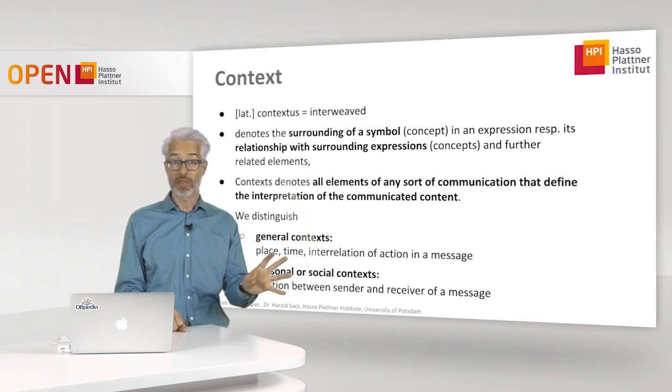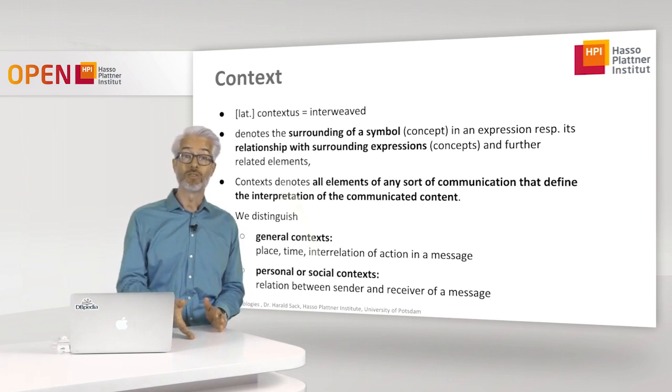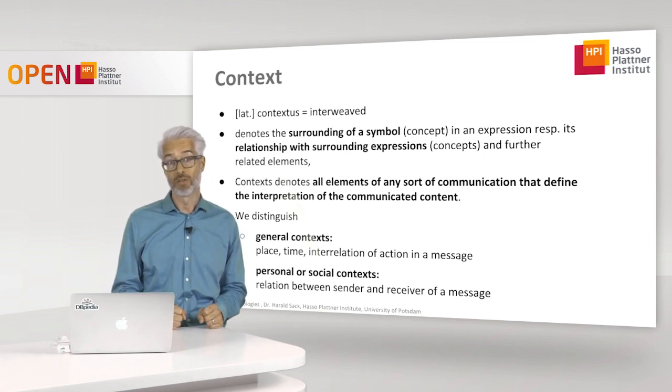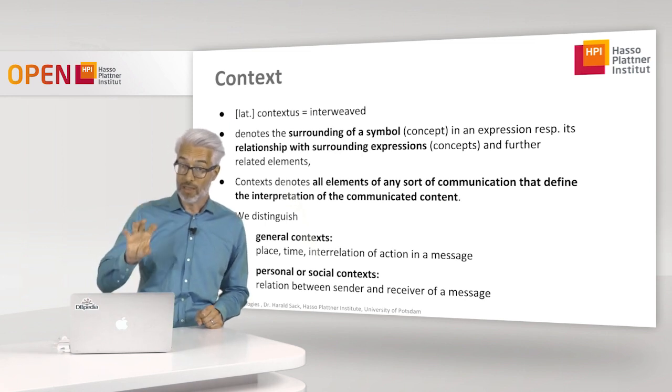So we have general contexts which are more abstract, more general, and are not dependent on your personal context or your social context. So these two things can be distinguished here for the context, and they are important for the determination of the right semantics.